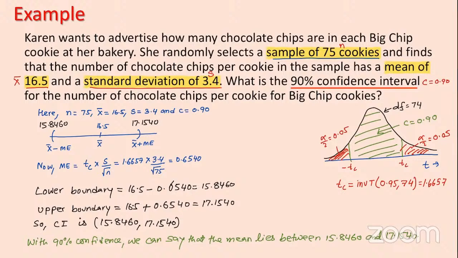Okay. I think maybe it's the brackets, because when I didn't put brackets in there, I got a different answer. But when I added brackets around the 3.4, divided the square root of 75. Right. So what do you got? I got 0.6545.